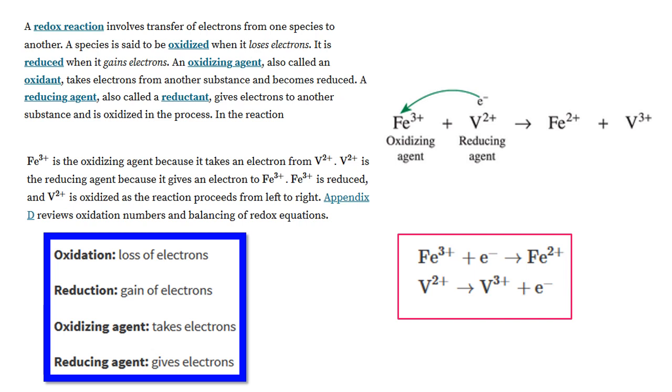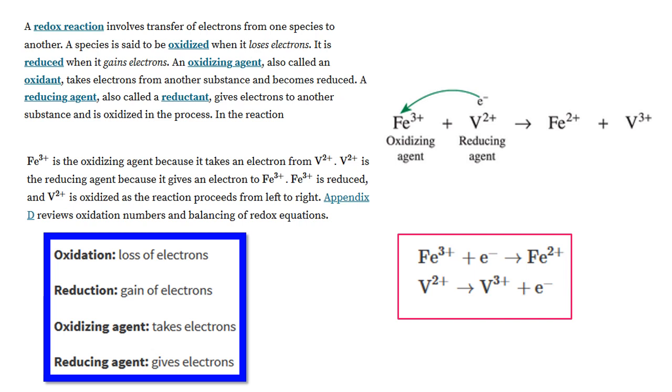An oxidizing agent, called an oxidant, takes electrons from one substance and becomes reduced. A reducing agent, also called a reductant, gives electrons to another substance and is oxidized in the process.